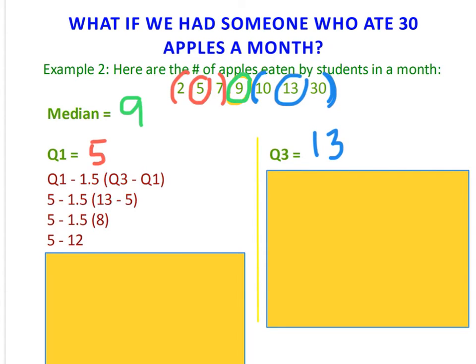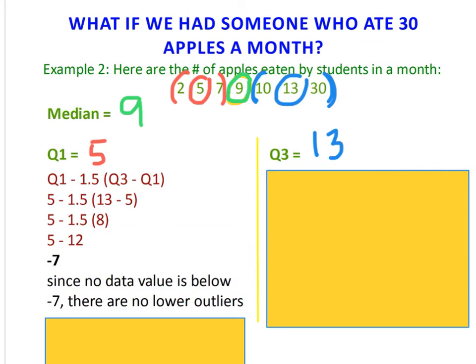And 5 minus 12 gives me negative 7. Since no data value is below negative 7, there are no lower outliers in this data set.